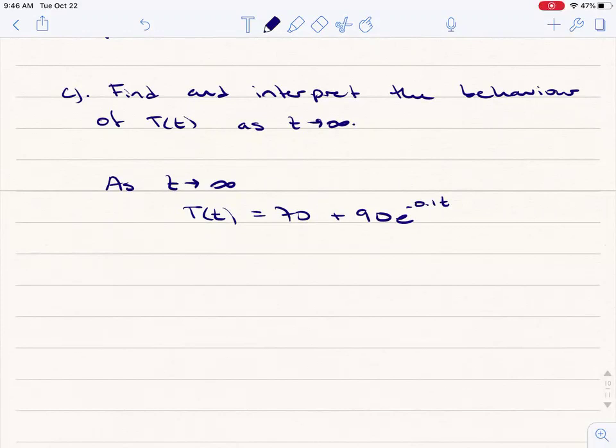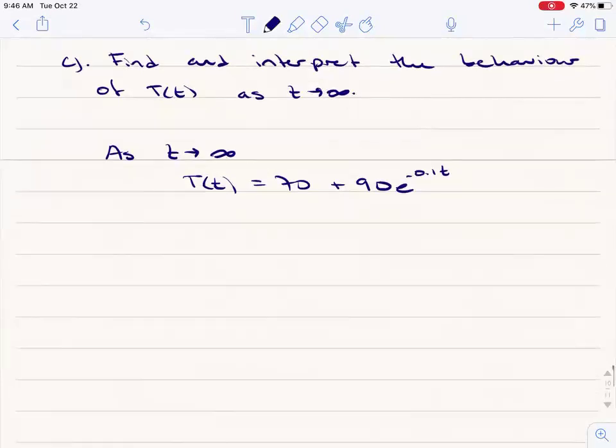When we're talking about t approaching infinity, I want you to think about t getting very, very big. t is multiplied by negative 0.1, so now we've got a very, very big negative number. Because we're just trying to get an idea, there's no math that we can do with infinity.